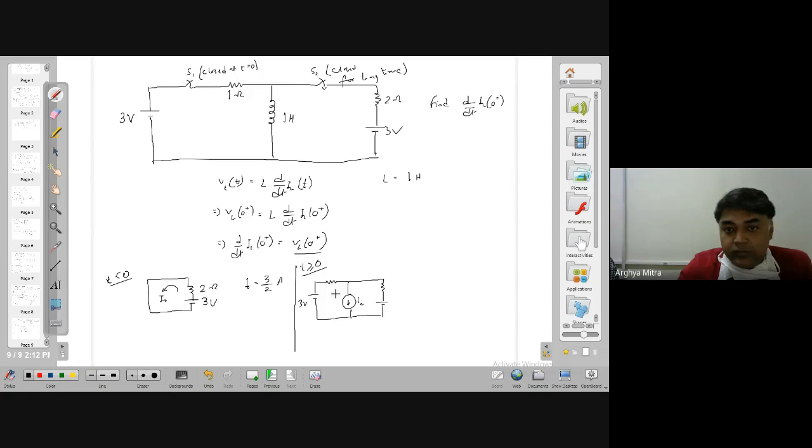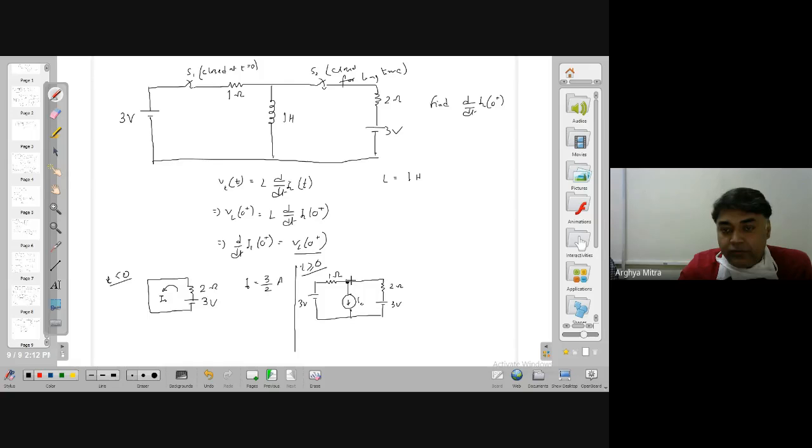So this is 3 volt, 2 ohm, 1 ohm, 3 volt. The voltage at this node is the voltage across the inductance, that will be VL0 because I am putting I0 here. I0 is how much? 1.5 ampere.